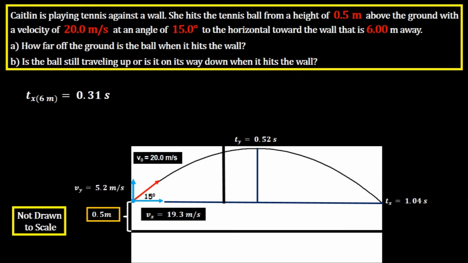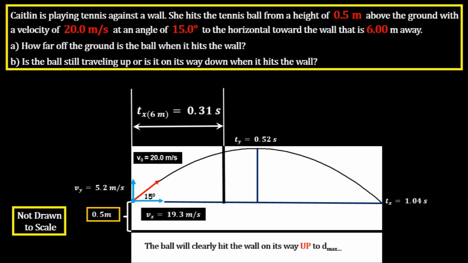Now, let's find dy max. I see that I drew in, to make it a little clearer, the horizontal distance, 6 meters, and it's going to be 0.31 seconds.